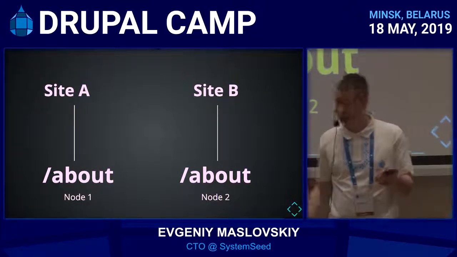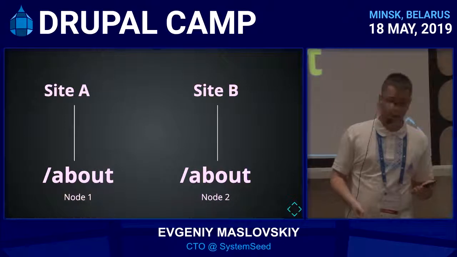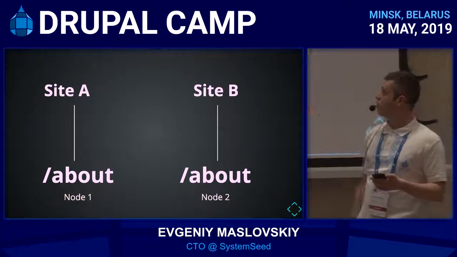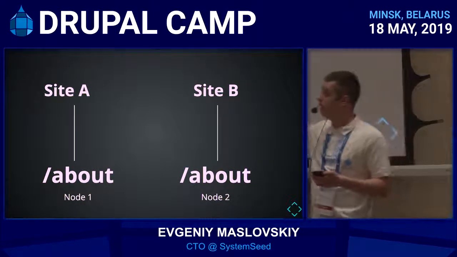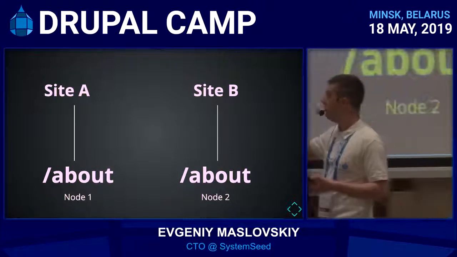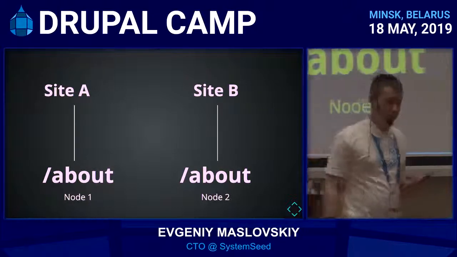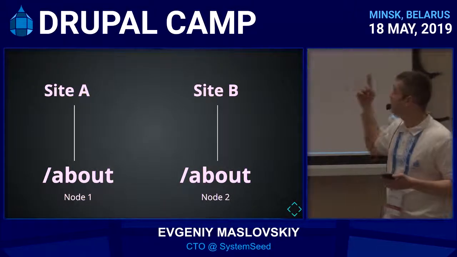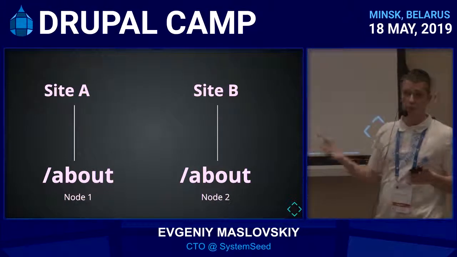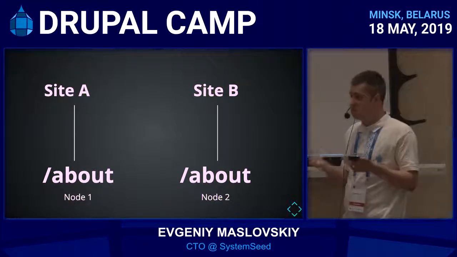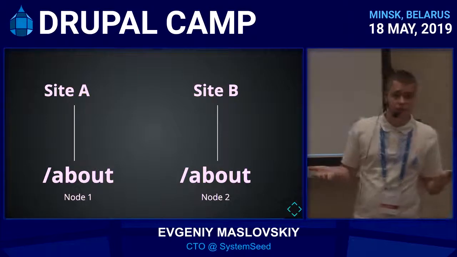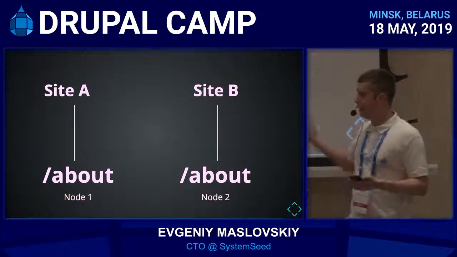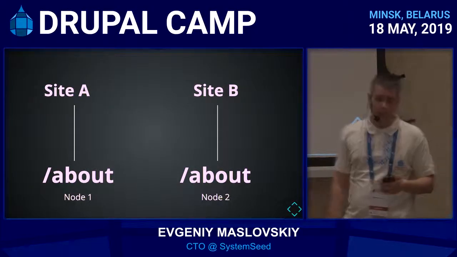And it follows the redirects. It works flawlessly well. But what if site A wants to have the about page, which is one piece of content, one node, and site B at the same time wants the same URL, because an /about page, or /contact for instance, is normal to have on every website, but it needs to serve different content?